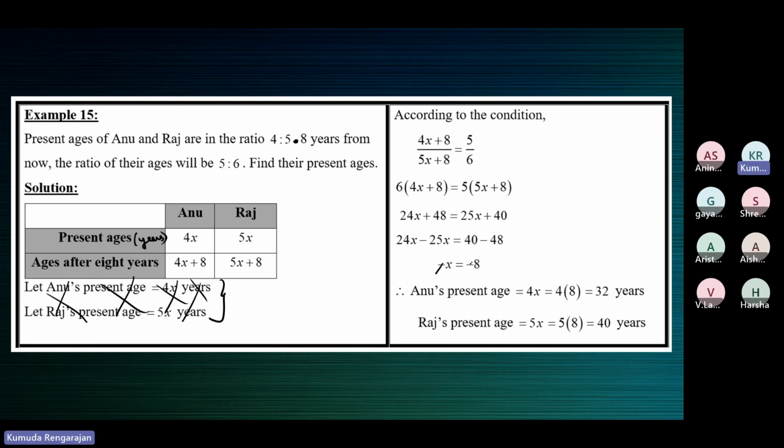So minus and minus get cancelled and x is equal to 8. So Anu's present age is 4x, 4 into 8, 32 years, and Raj's present age is 5x, which is 5 into 8, 40 years. We have to find the present ages, which are 4x and 5x.